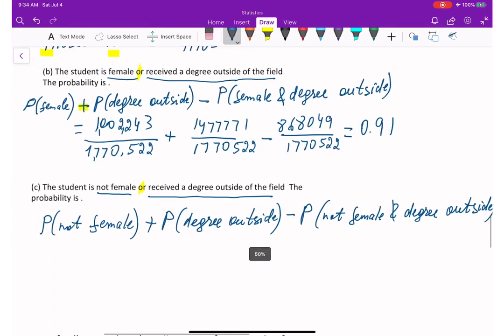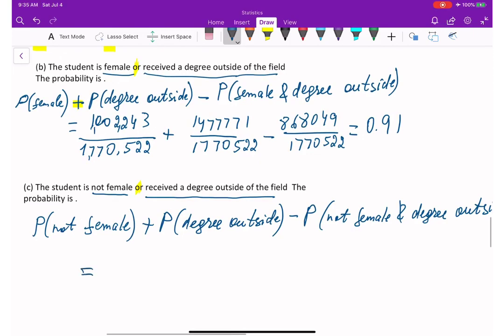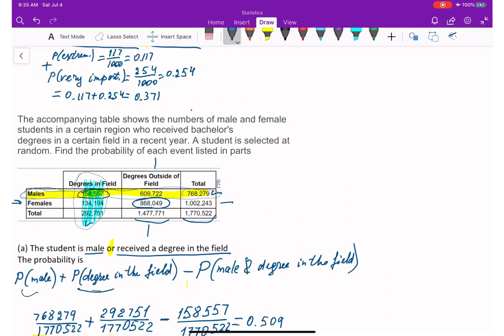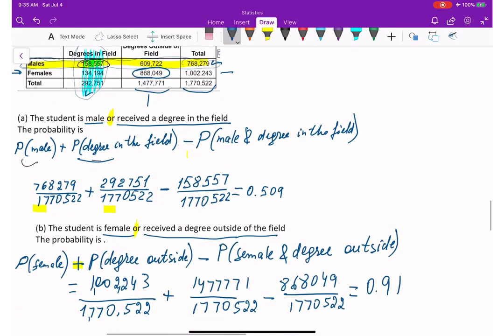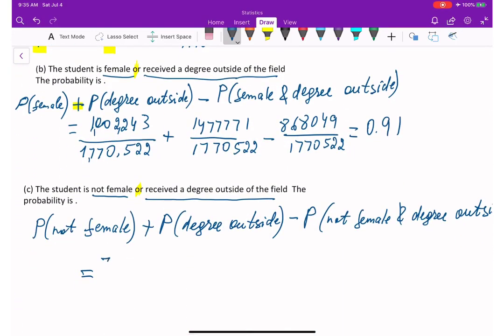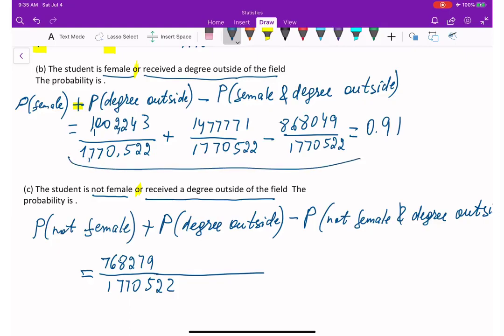Okay, this is going to be equal. If it's not female, so it's going to be male, which is going to be 768,279 over 1770522. You know what? I'm going to combine with a common denominator, because the denominator is going to be the same, just like here. So to add and subtract when denominator is same, you can put one denominator.